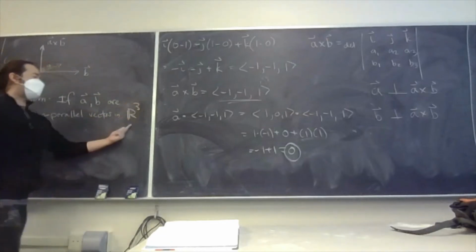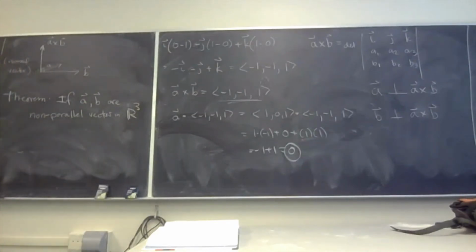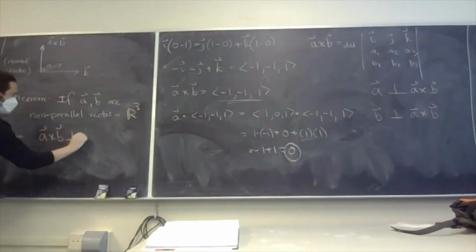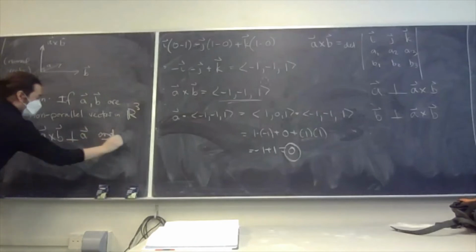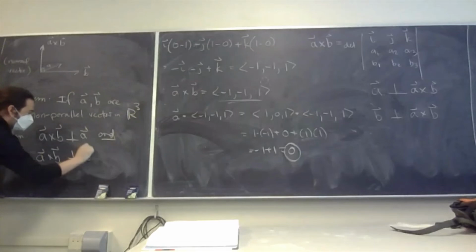I'm going to use this fancy symbol here that just means 3 dimensions. If A and B are not parallel in R3, then A cross B is orthogonal to A, and A cross B is orthogonal to B.